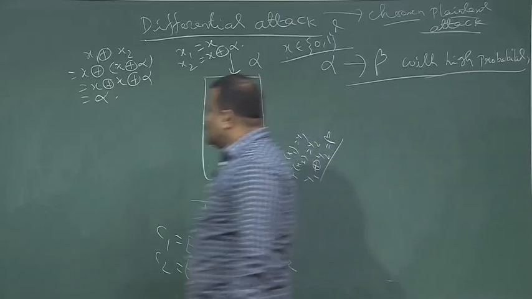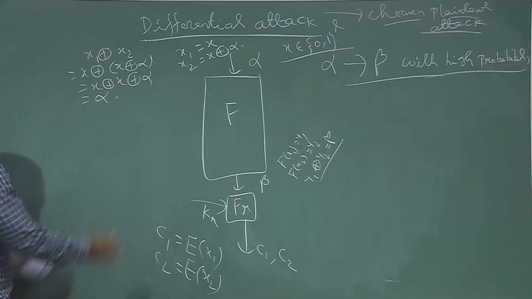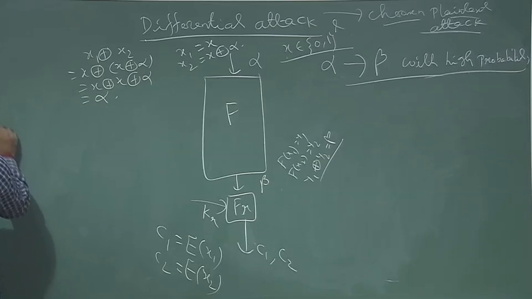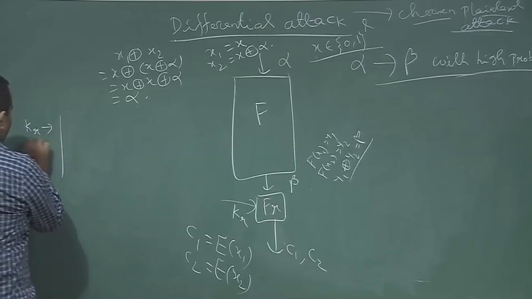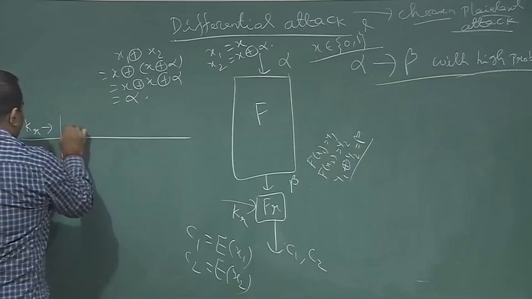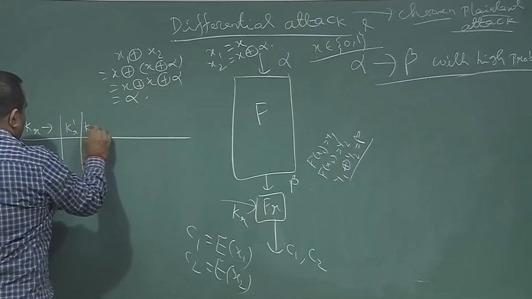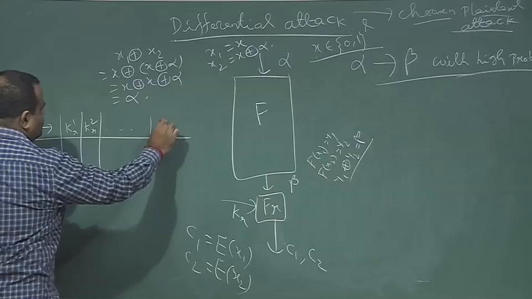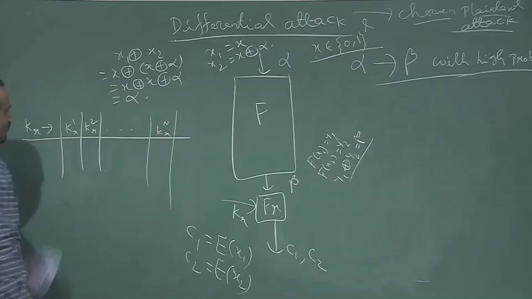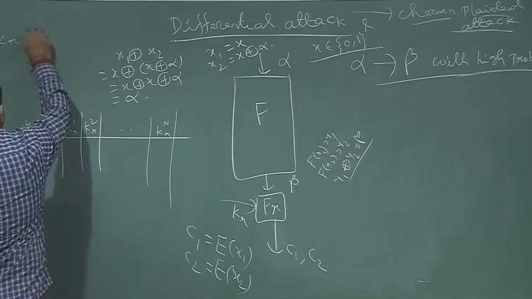So, what we do is an exhaustive brute force attack on this key, an exhaustive search. We take all the possible values of the round key, k1, k2, and so on up to kn.